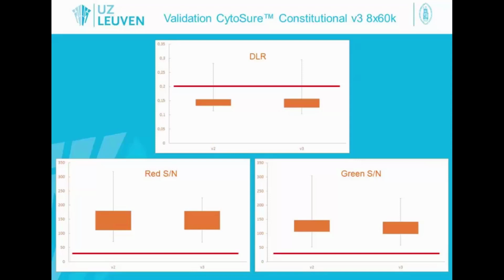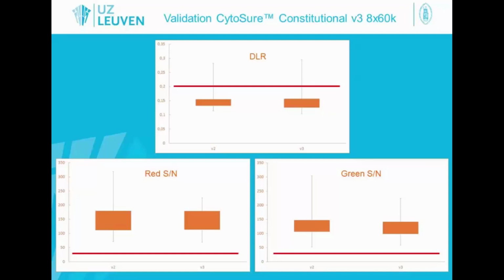So the DLR has to be below 0.2 in order to consider this as a good quality result. And then we also compared signal-to-noise ratio for the red as well as for the green signal. And here we have a cutoff of 30, so this signal-to-noise ratio has to be above 30 in order to have a good quality result.